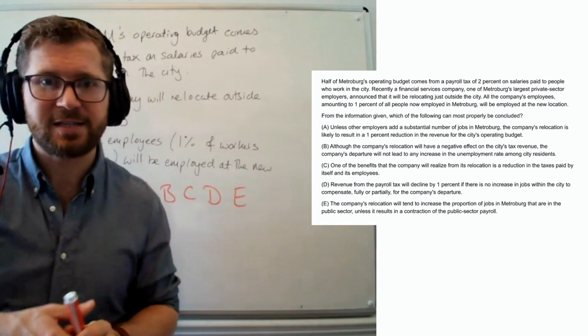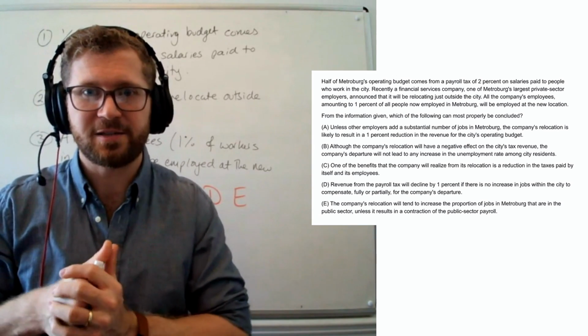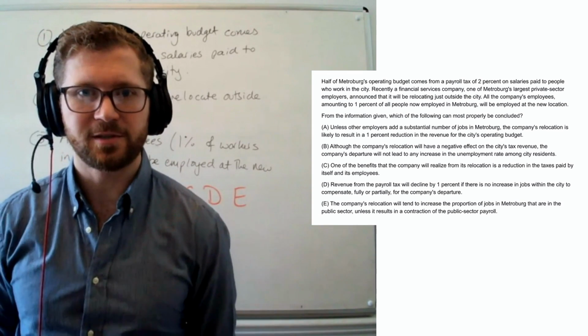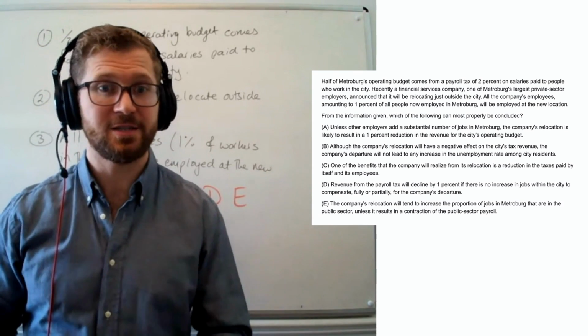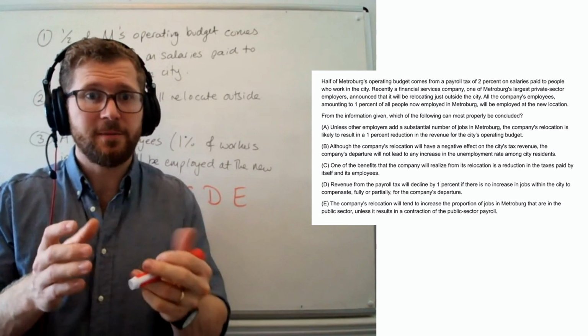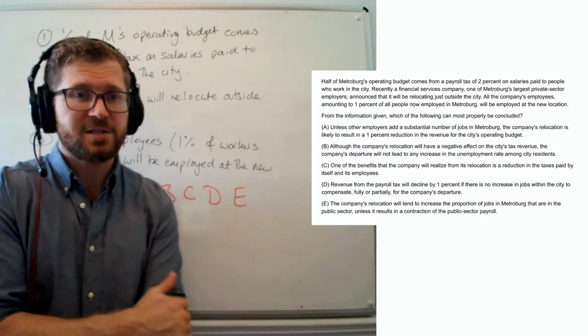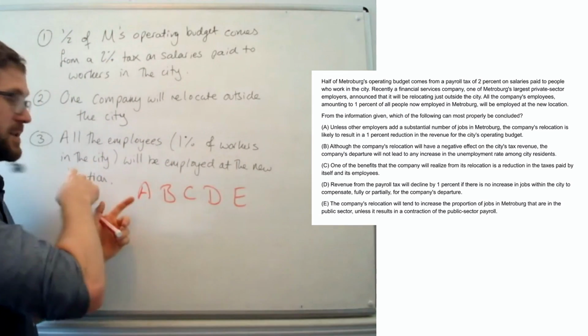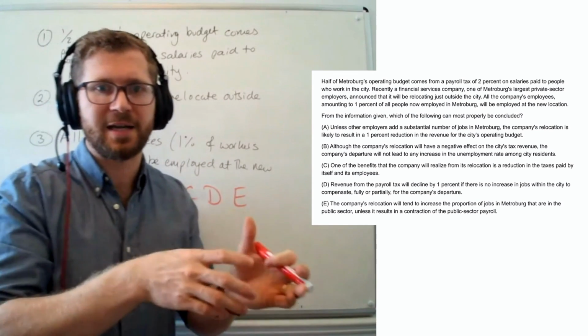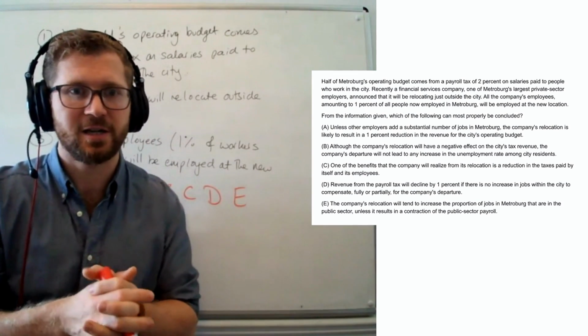All right, so A tells us that unless other employees add a substantial number of jobs in Metroburg, the company's relocation is likely to result in a 1% reduction in the revenue for the city's operating budget. All right, so I've got two problems with A. The biggest one is that, okay, this company is 1% of the workers in the city, but that doesn't necessarily mean that they are 1% of the revenue from this tax, right?